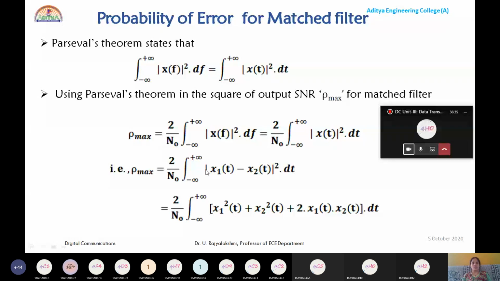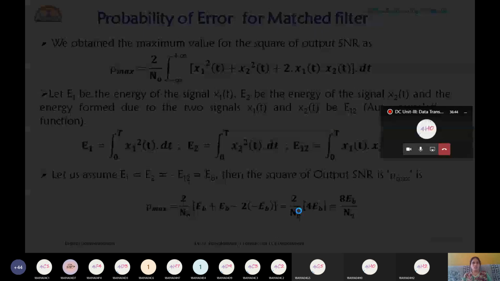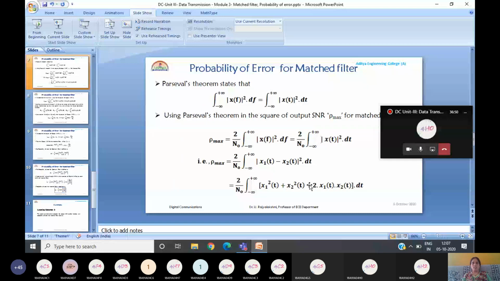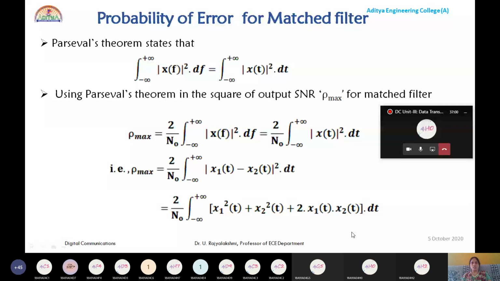So x1 square(t) plus x2 square(t) minus, here it is minus, this is not plus actually. This is (a minus b) whole square. So x1 square plus x2 square minus 2 x1(t) into x2(t) dt.